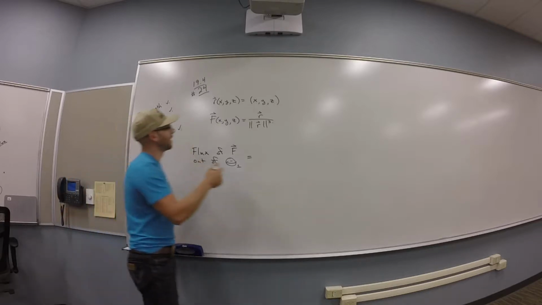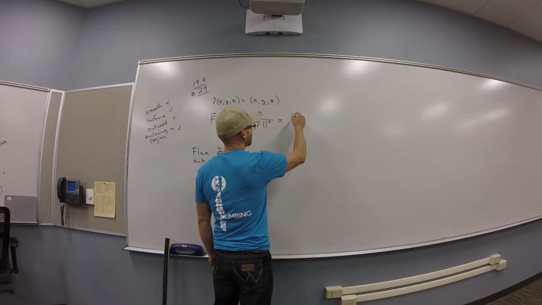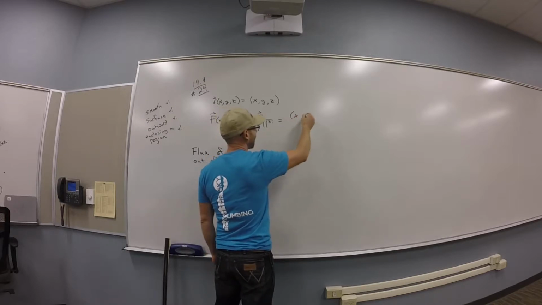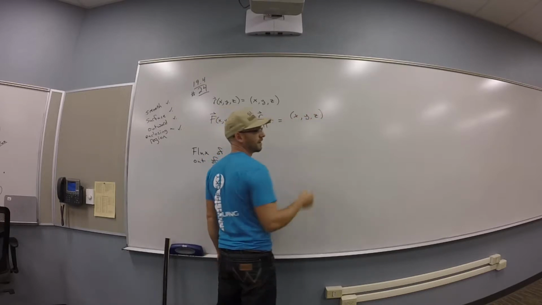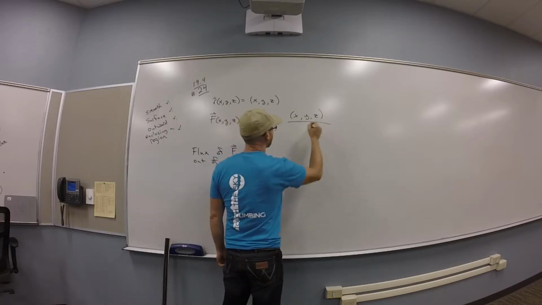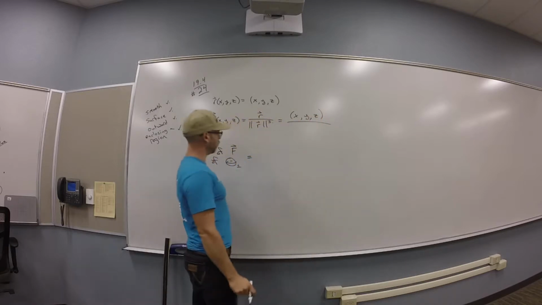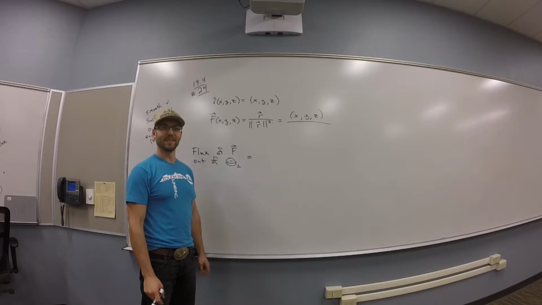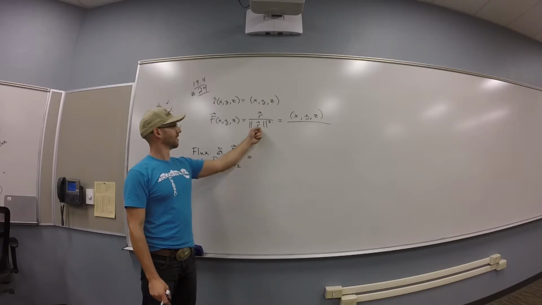So your F, right, is the vector x comma y comma z, divided by, ooh, that's weird, right? It's a scalar applied to a vector.